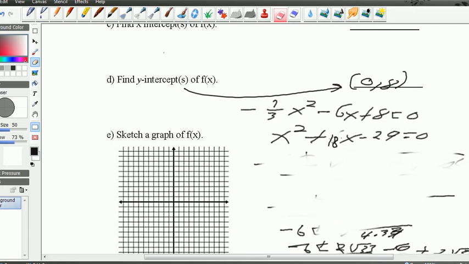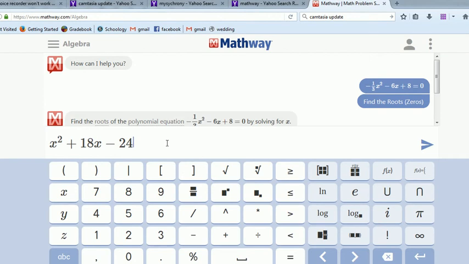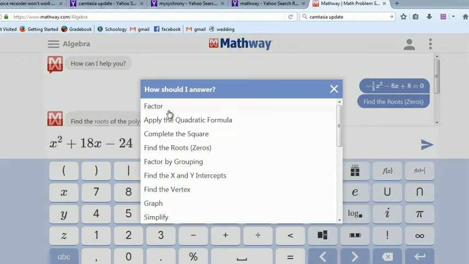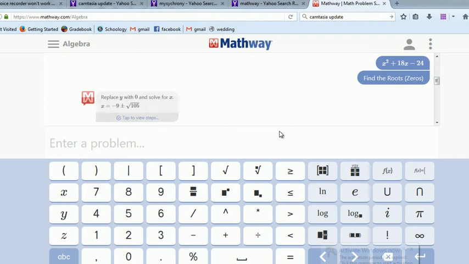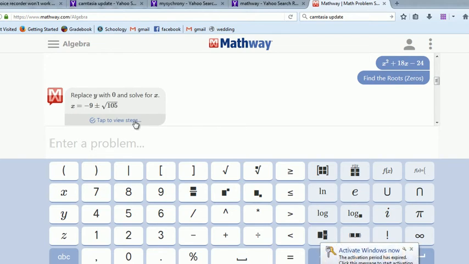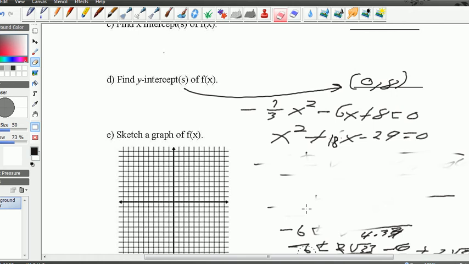go back to here, find the zeros, -9 plus or minus 105. There we go, and that's what I remember on the test now. So that tells me this answer right here should have been -9 plus or minus square root of 105.